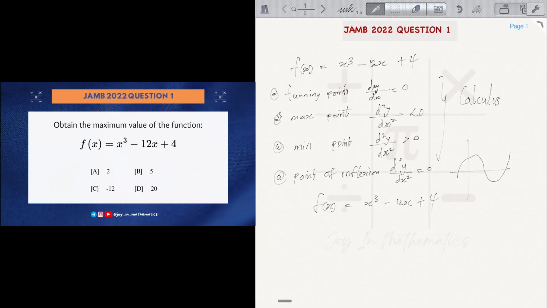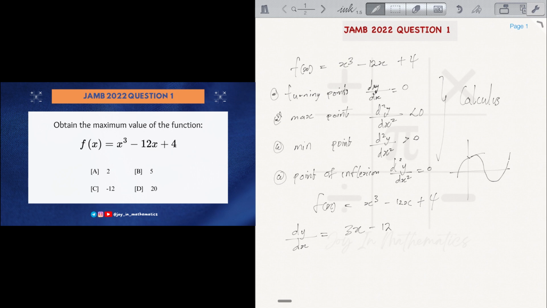So the maximum value we are looking for is this value. So let's evaluate dy/dx to know the turning point.